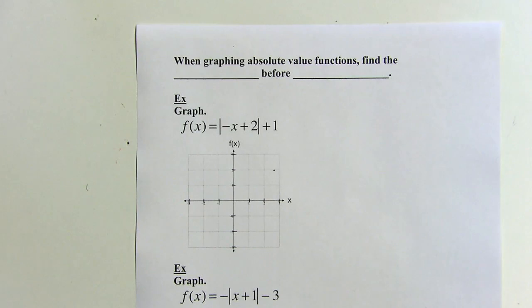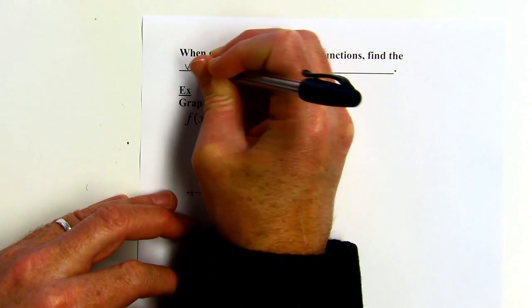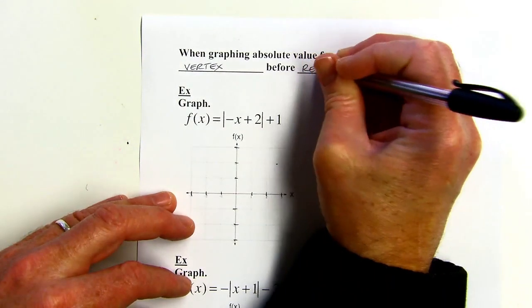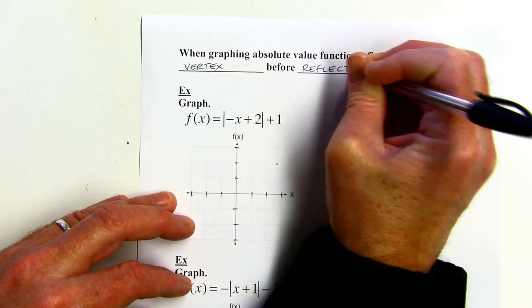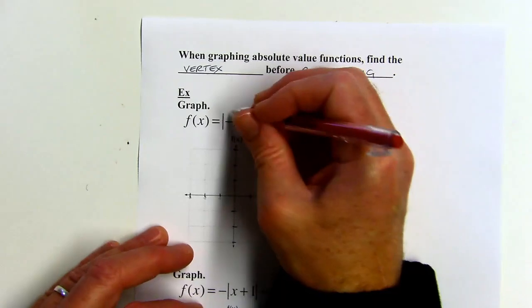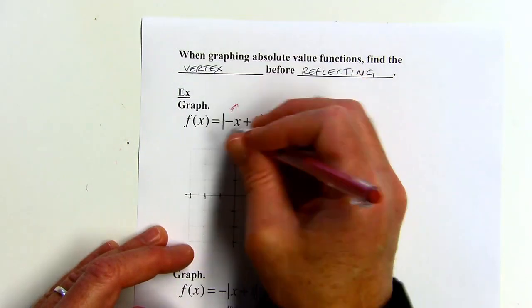My advice on these is, when graphing absolute value functions, find the vertex before doing any reflections. So I'm going to say find the vertex before reflecting. Yes, I do have a reflection over the y-axis because of that negative.